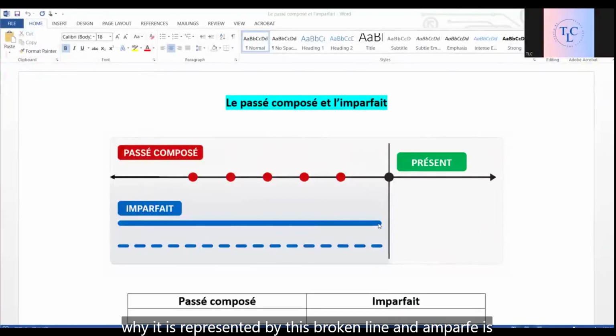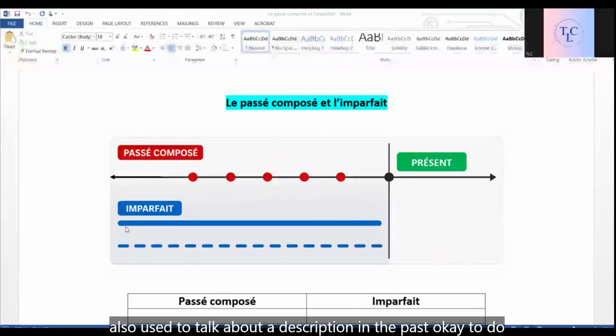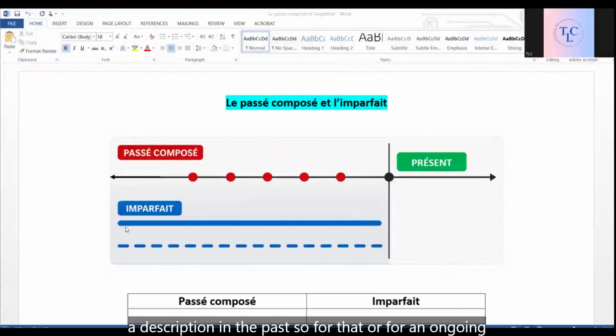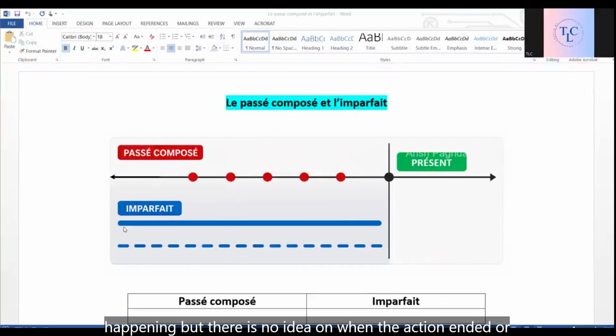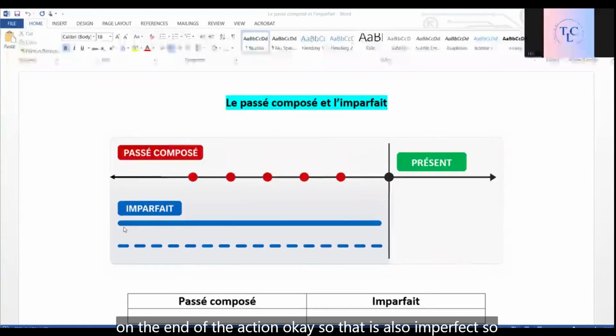And imparfait is also used to do a description in the past, or for an ongoing action that doesn't have a definitive end. It was happening, but there is no idea on when the action ended. So that is also imparfait.